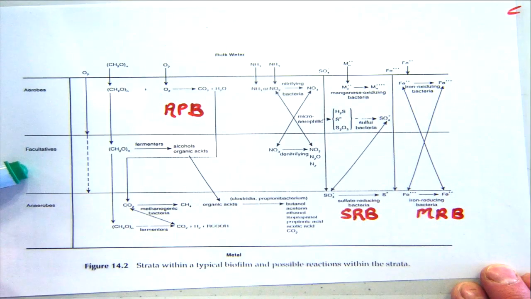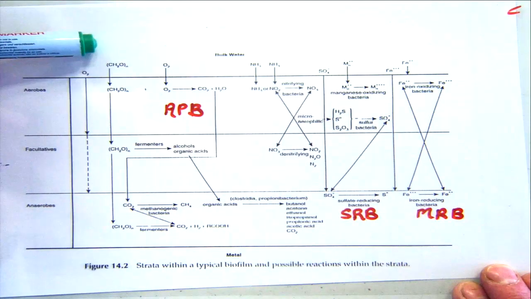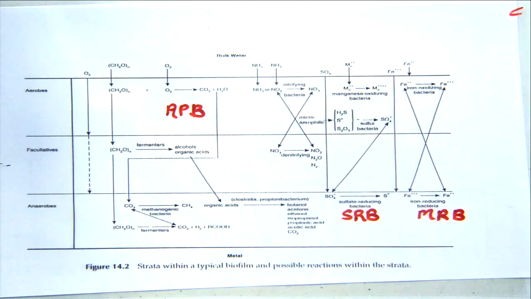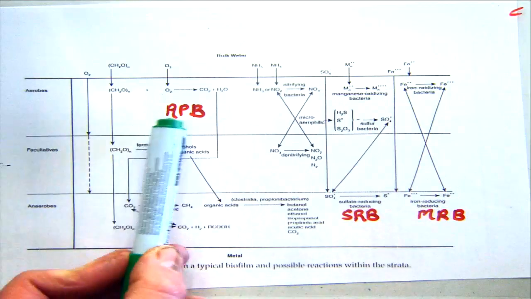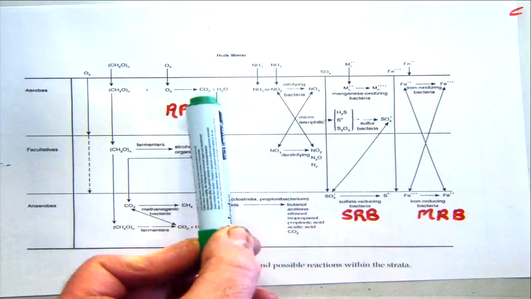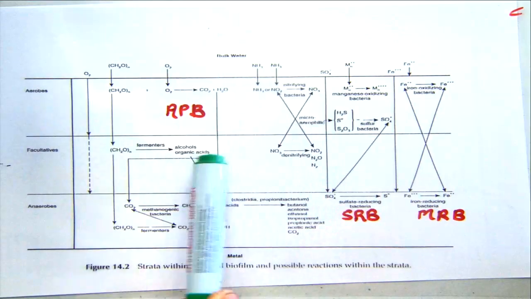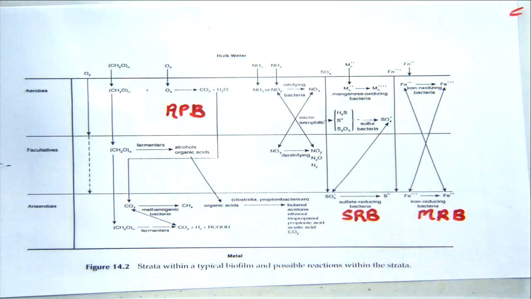And you can see that depending on whether you're in an anaerobic situation or an aerobic situation, you'll either get iron 3 going to iron 2 or iron 2 going to iron 3. As I say, the system's very complicated. I don't expect you to remember any of the detail of the slide. It's just to indicate some of the things that go on, including fermentation processes producing alcohols, and a variety of sulfur species.